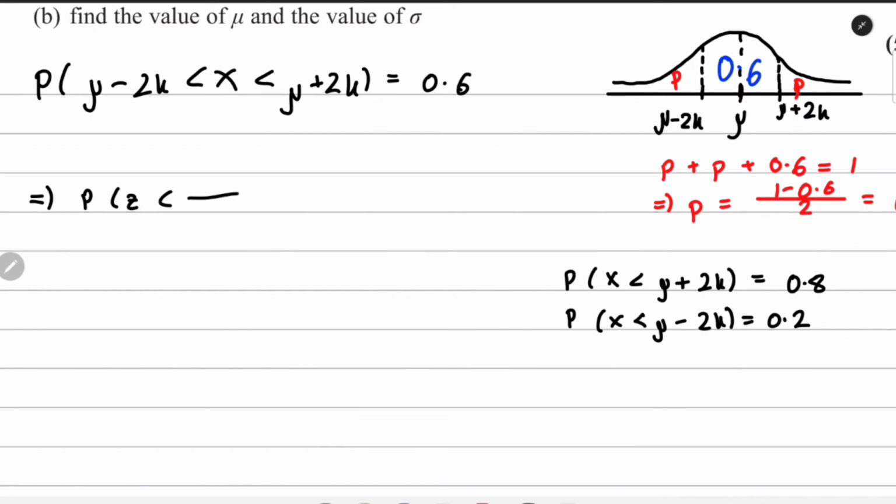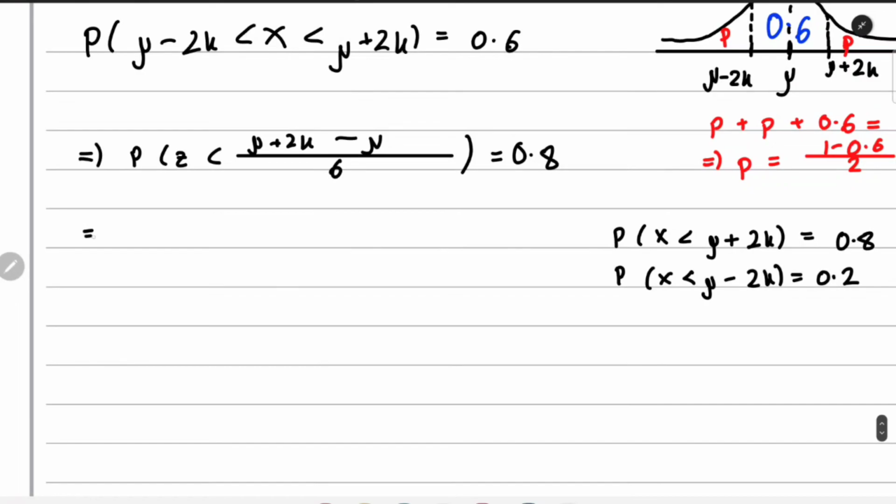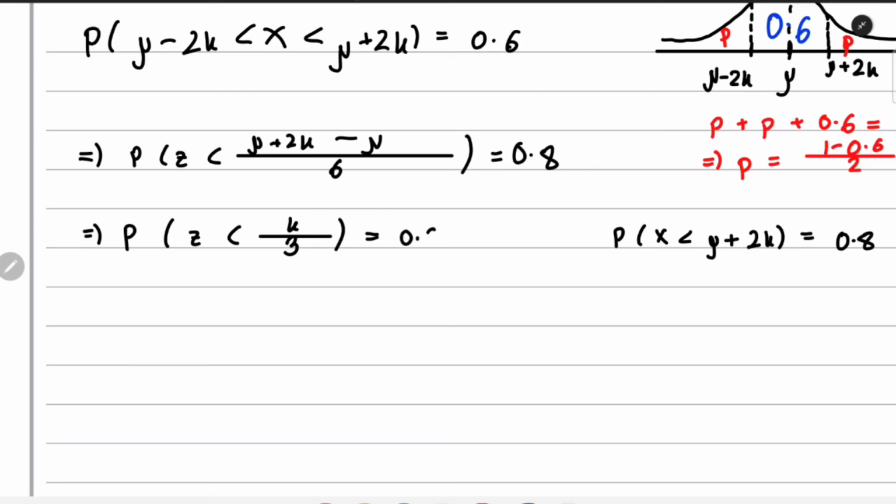So z less than mu plus 2k minus mu by 6 is 0.8. We don't even need this equation over here. So probability z less than 2k by 6, so k by 3, is 0.8.